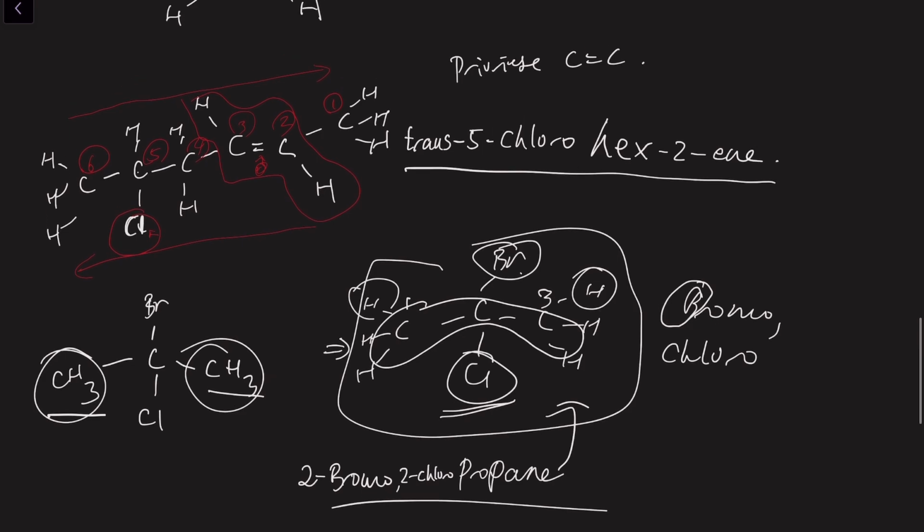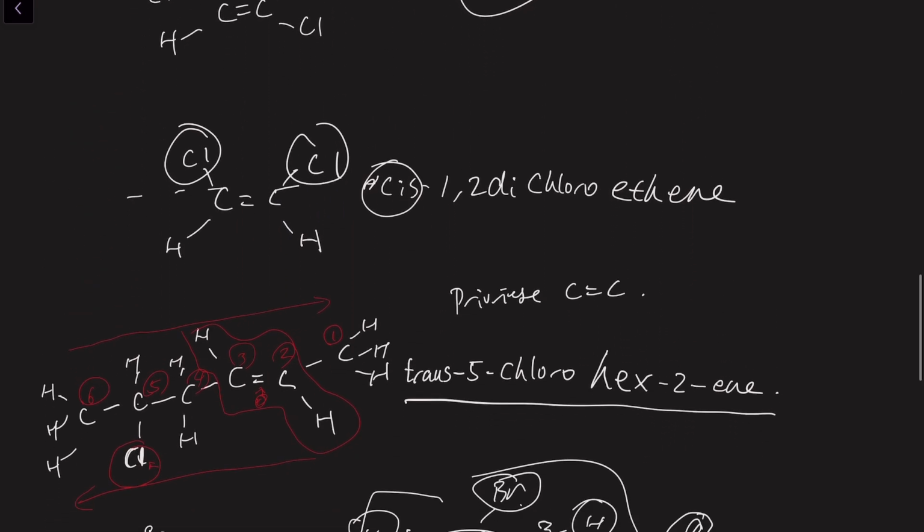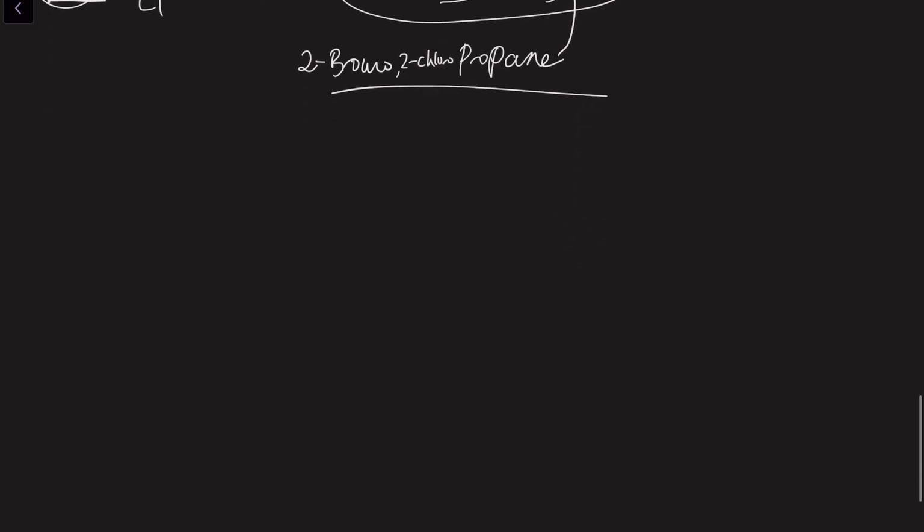So in this video, we are going only to talk about how to name and a brief introduction of those molecules or functional groups. In the next video, we are going to talk about chemical reactions associated with those chemical functional groups. So the next functional group, which is very useful or very relevant to our daily life, is the alcohol functional group.